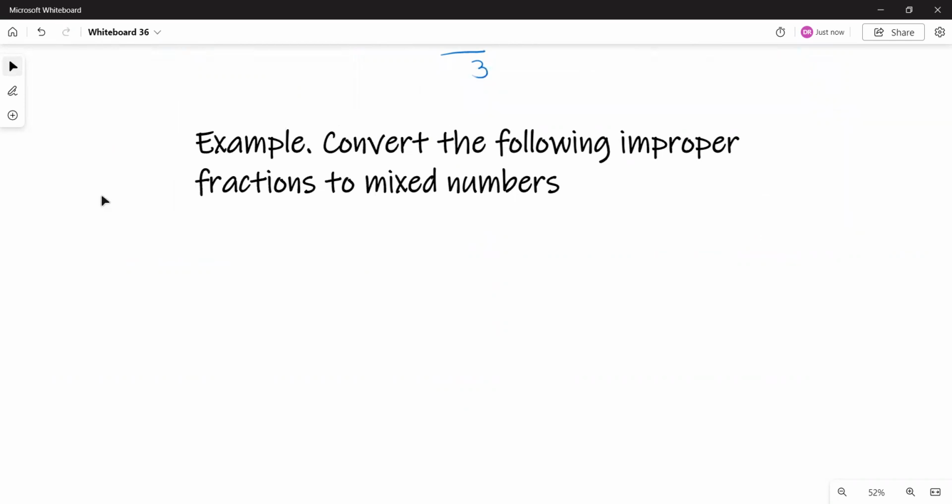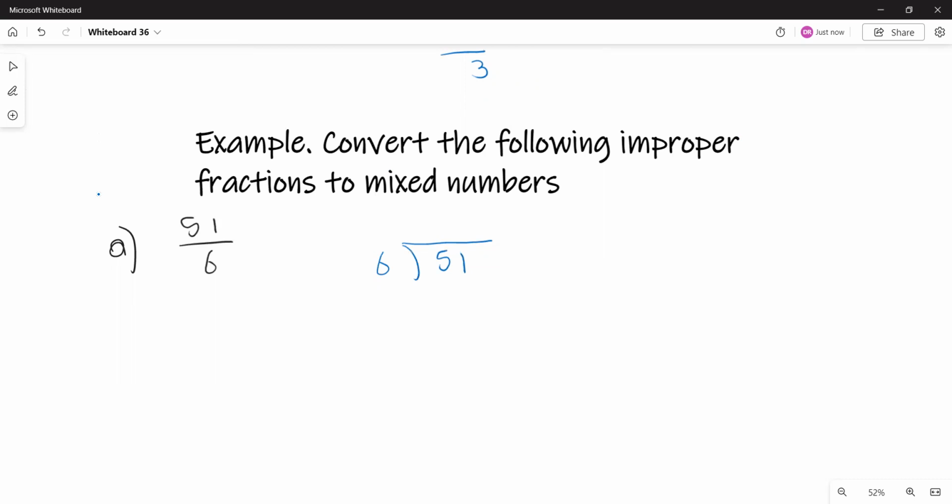Okay, we start with 51/6. So that's an improper fraction with the numerator greater than the denominator. If we want to convert this to a mixed number, we just perform the division.